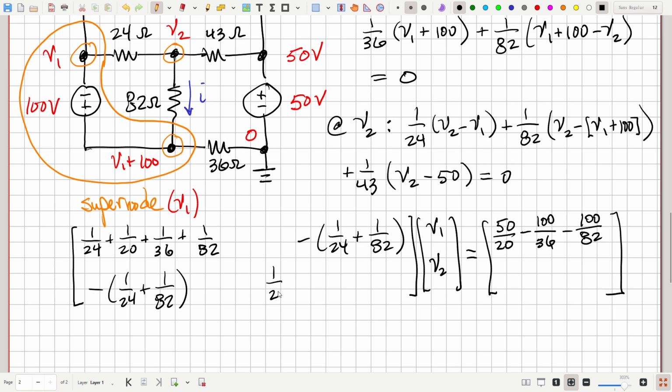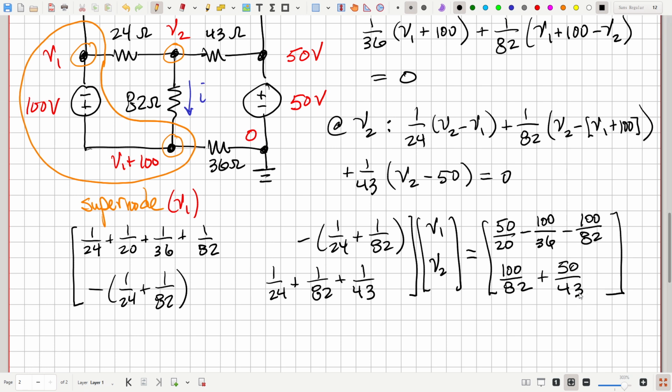So 1 over 24 plus 1 over 82 plus 1 over 43. And the constant terms, let's see, we've got here minus 100 over 82. Put it to the other side, it becomes plus 100 over 82. And here we've got minus 50 over 43. On the other side, it becomes plus 50 over 43.